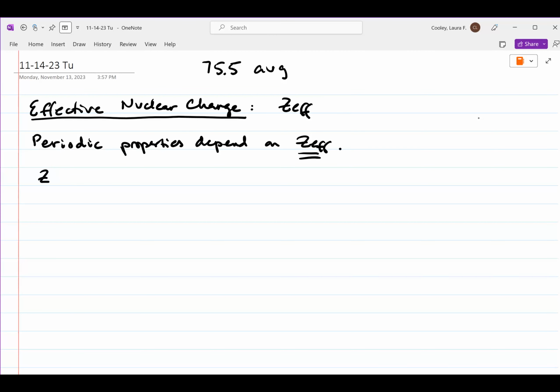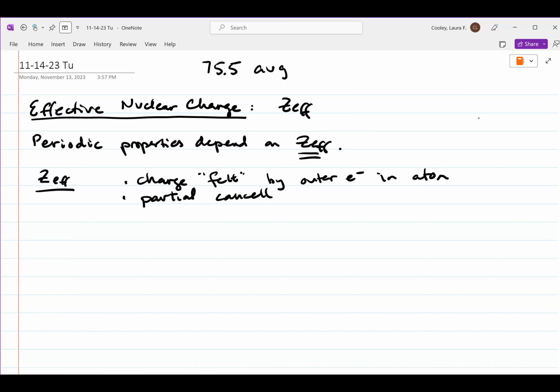So just to go over that again, this effective nuclear charge is the charge that's felt or experienced by the outermost electrons in an atom. It's not the entire nuclear charge, because there is a partial cancellation of some nuclear charge because of electrons, especially electrons that are in between one of the outer electrons and the nucleus.